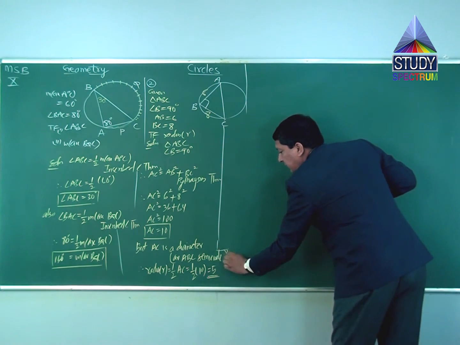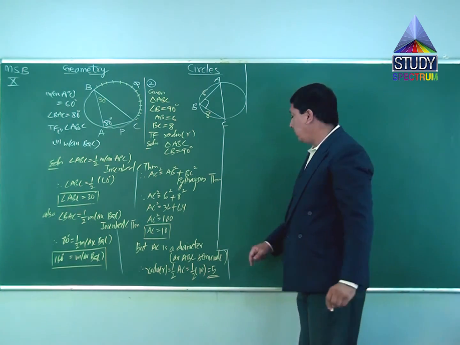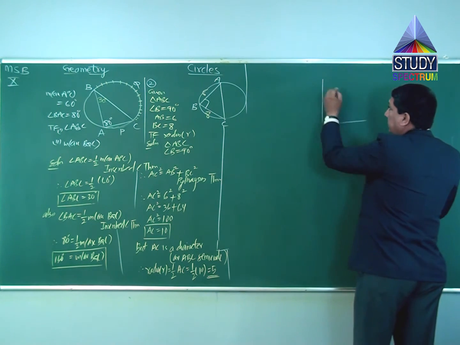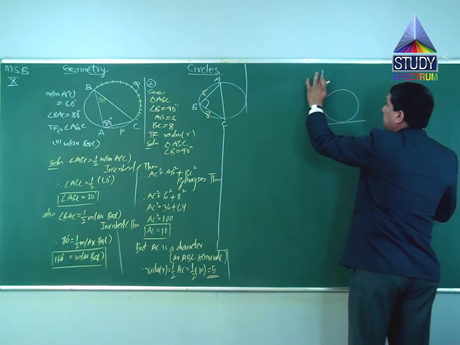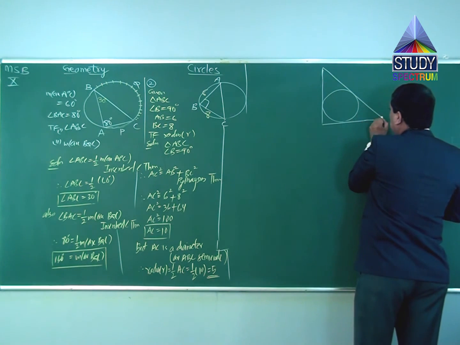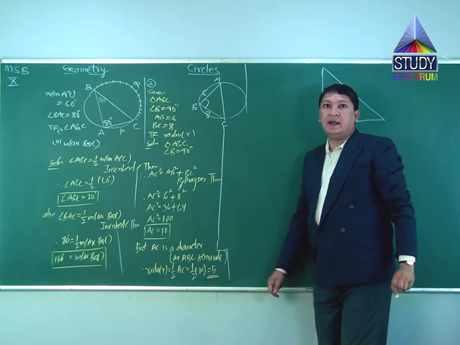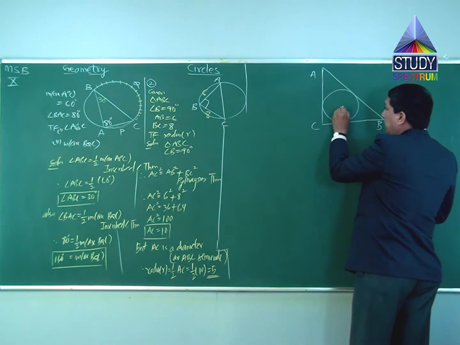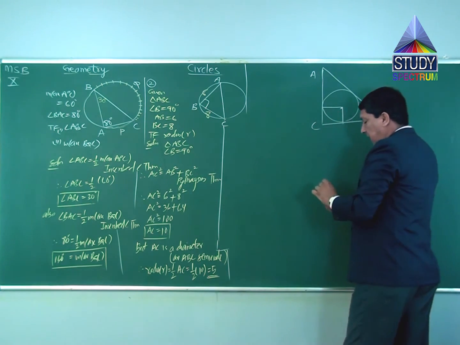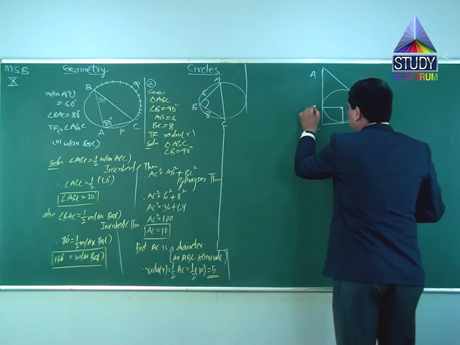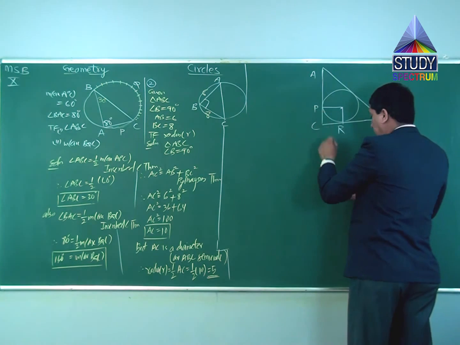From the circle problem set, we'll take one problem and the problem goes this way. There is one circle which is inscribed in a triangle like this, and the name of the triangle is ACB. The radius of the circle is R, this is how it is marked, point R, point P given to us.